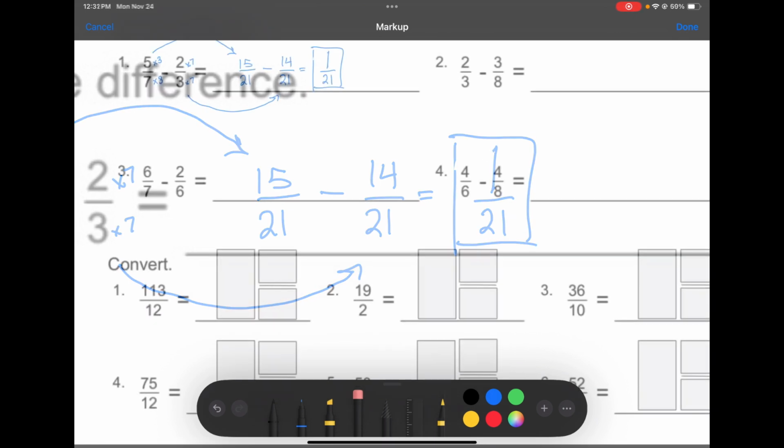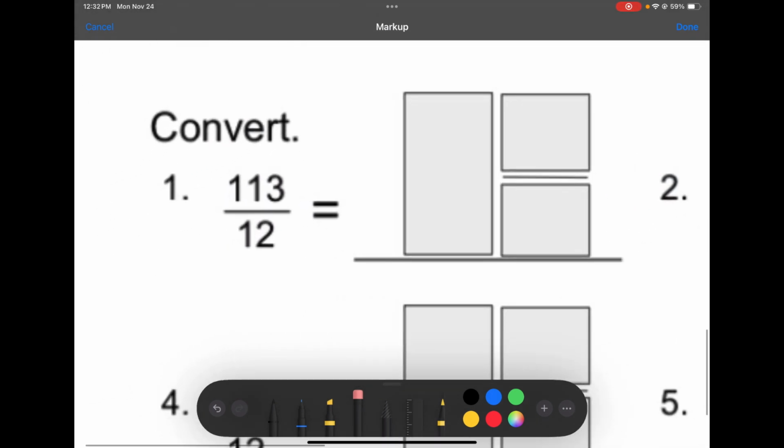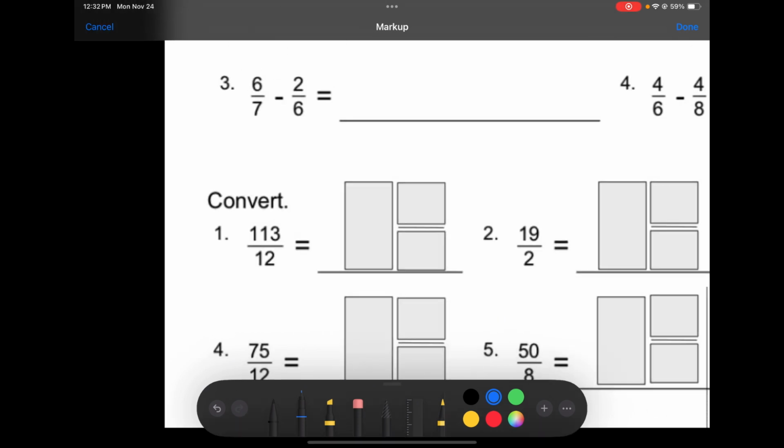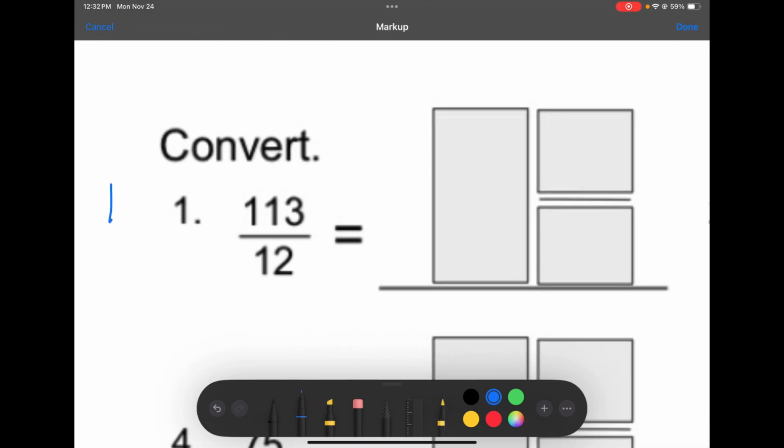There you go. Now let's go into converting improper fractions to mixed numbers. First, it's really a division problem. So let's do some mini math on the side. 113 divided by 12. How many times can 12 fit into 113? Well, I know 12 times 10 equals 120. That might be a little bit too much. So let's go back and do 12 times 9.